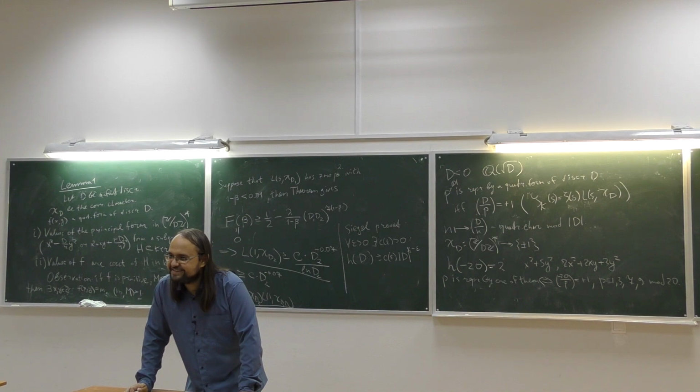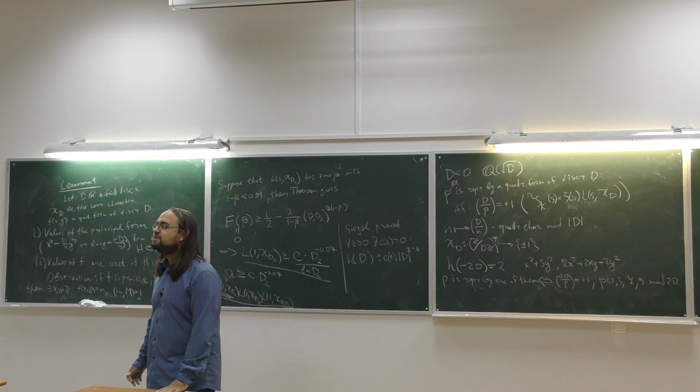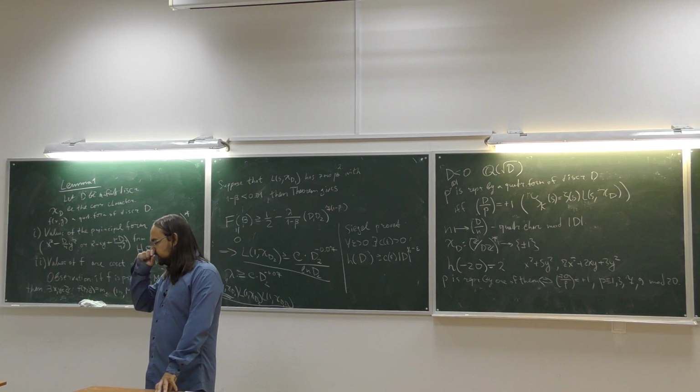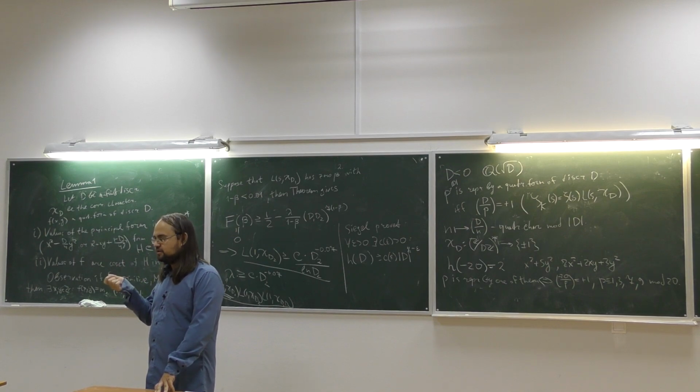Any ideas? Primitive means that the greatest common divisor of all coefficients is equal to 1. There is no common integer factor of your quadratic form.